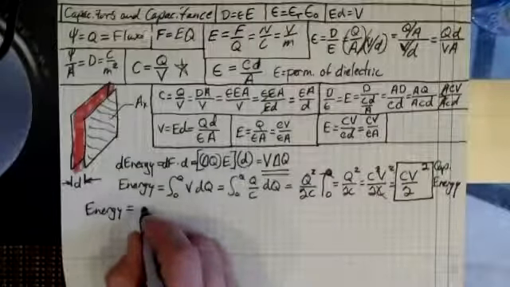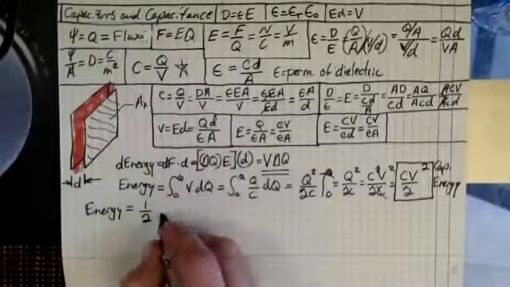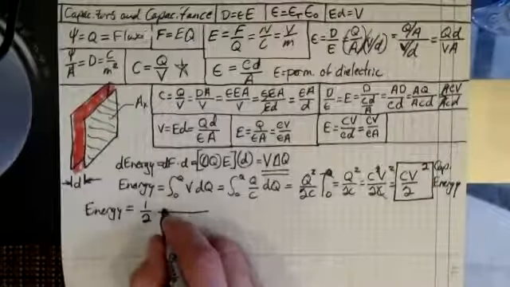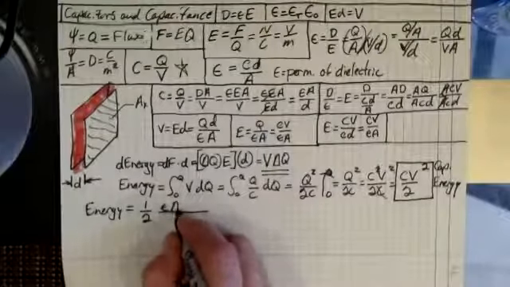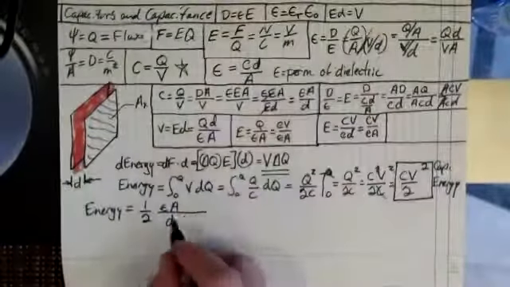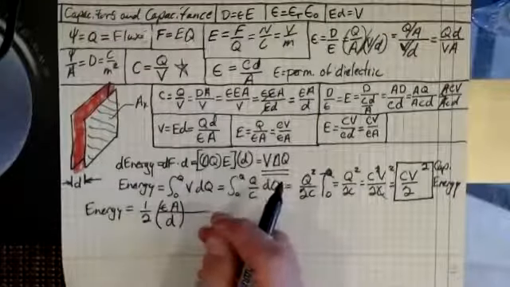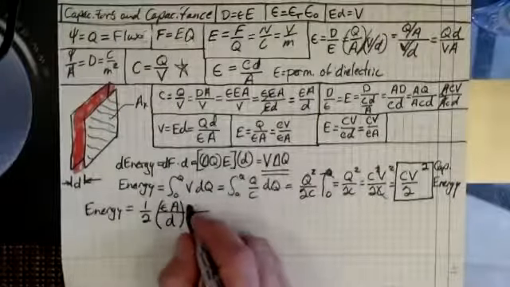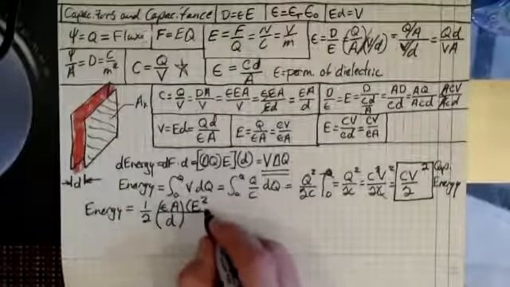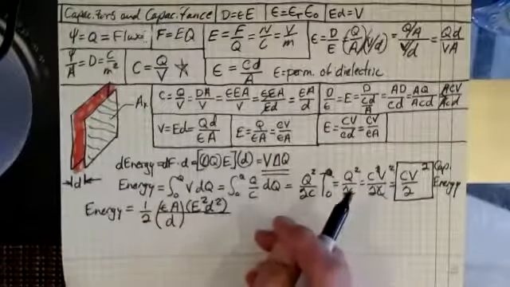So that would be 1/2 C. So C is going to be epsilon A over D, right? Epsilon A over D, that's what C is. And then V squared, well, we know that V is just electric field times distance. And I'll just go ahead and square both of those right off the bat.